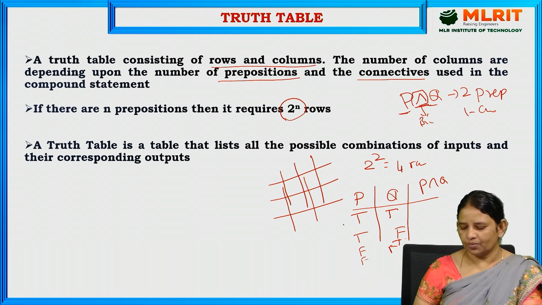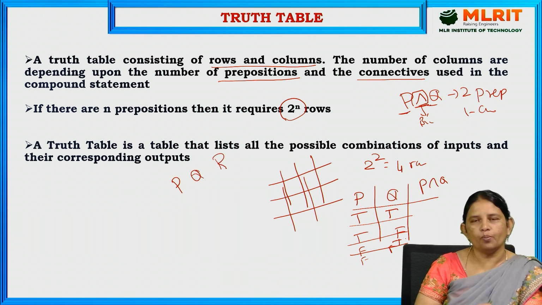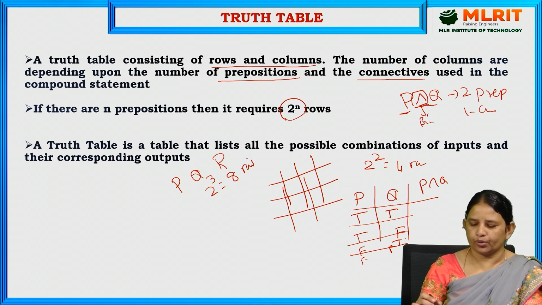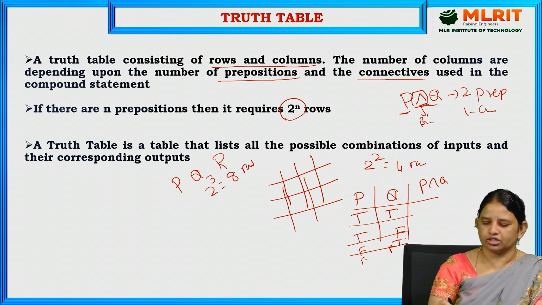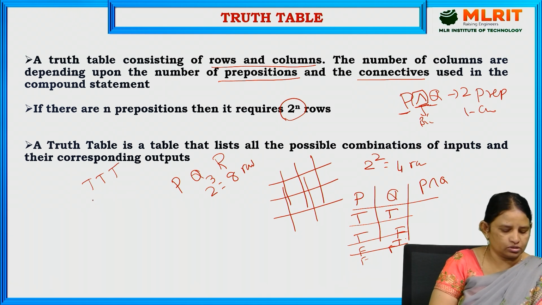So how many rows? 4 rows. Suppose there are 3 propositions P, Q, R. Then how many rows are present in the truth table? 2 power 3, that means 8 rows. 8 rows means we have to take the combinations of true, true, true. The first combination is 3 trues. True, true, false.